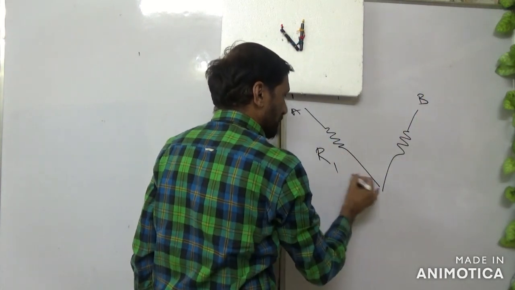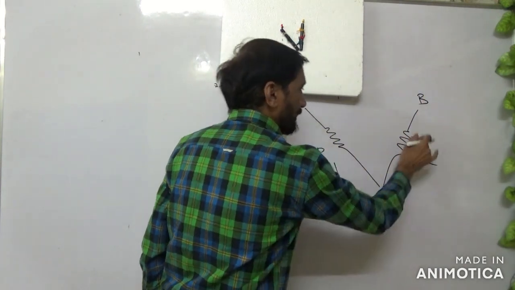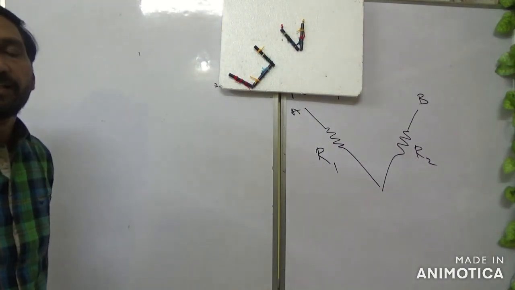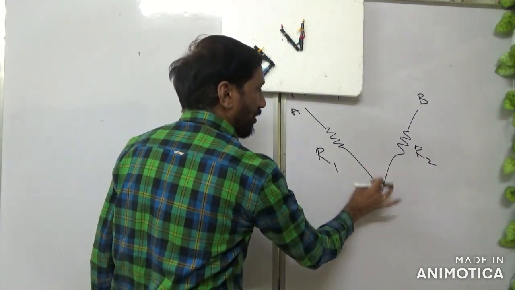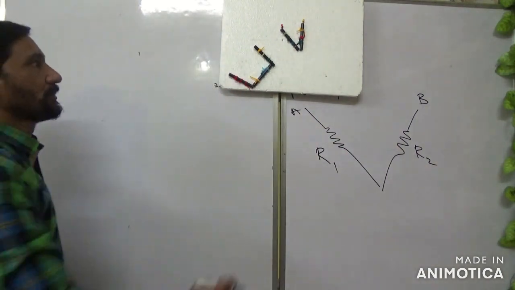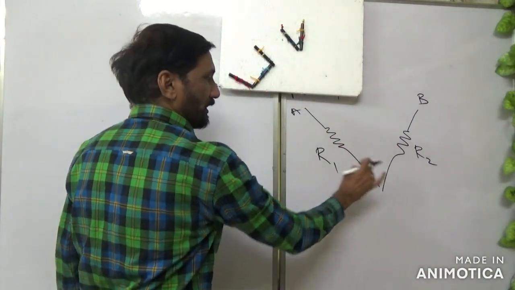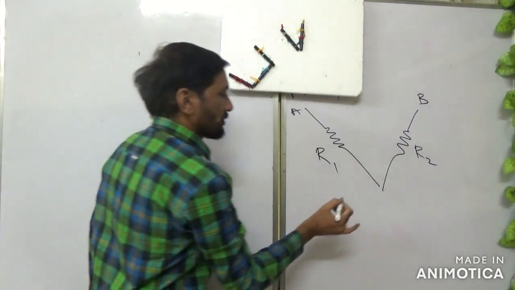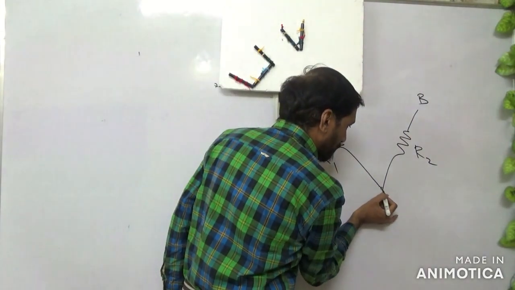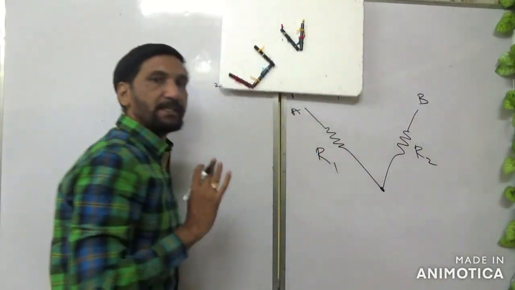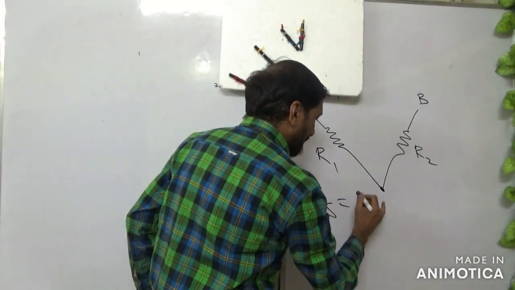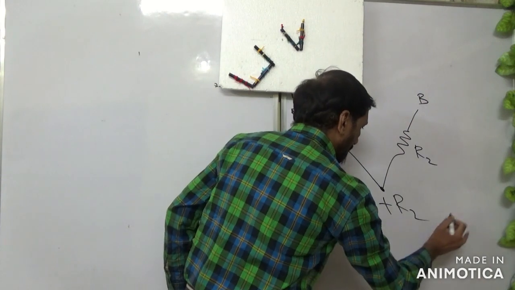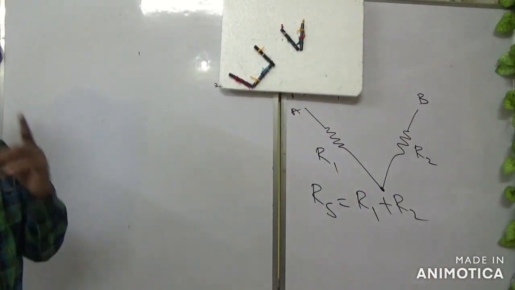Two resistors are arranged in the form of letter V. If you notice, only one joint is common for first and second. Whenever only one joint is common, it is said to be connected in series. So effective resistance is taken as R1 plus R2.